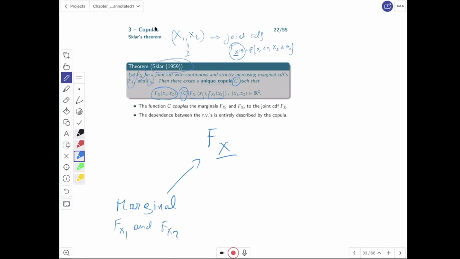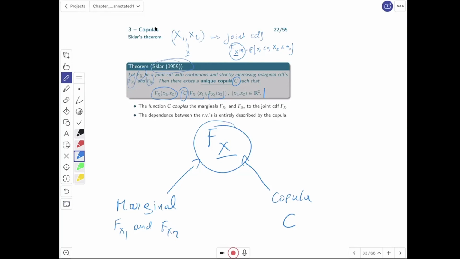At the same time, you can hire someone else that works on dependence and the copula. That person doesn't directly need the data. They need to tell you what is the function C that you need. Once you know the 2 marginal distributions and the copula function C, you can put them together to get the joint CDF by using this formula.